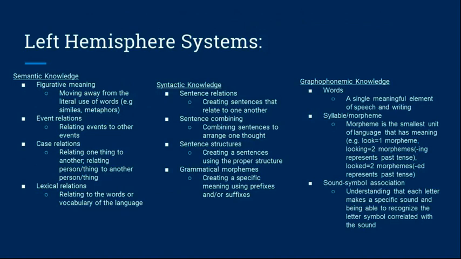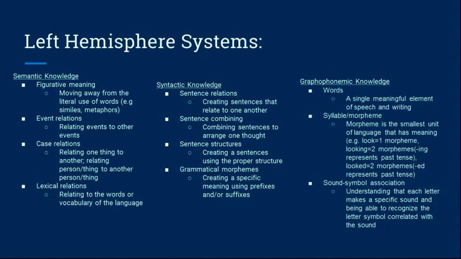The left hemisphere systems include semantic knowledge, which is all about the word meaning, syntactic knowledge, all about the structure of words and phonemes, and graphophonemic knowledge, the combination of writing for all of the different sounds that you hear.